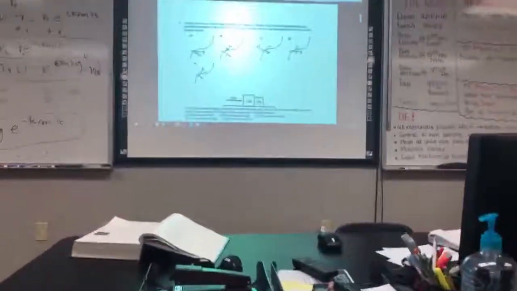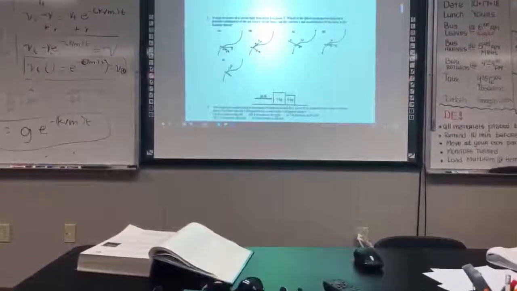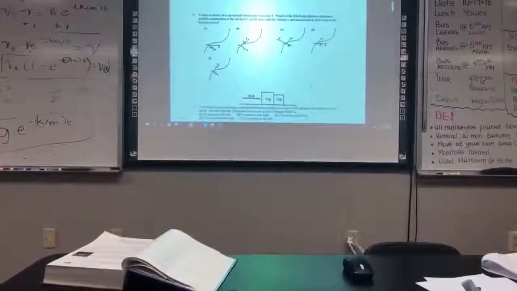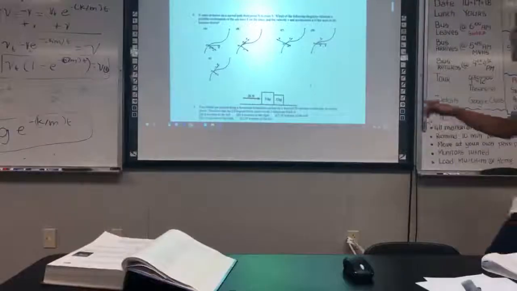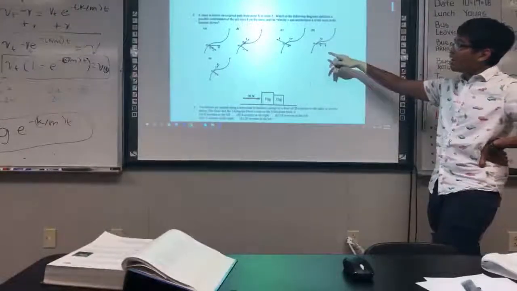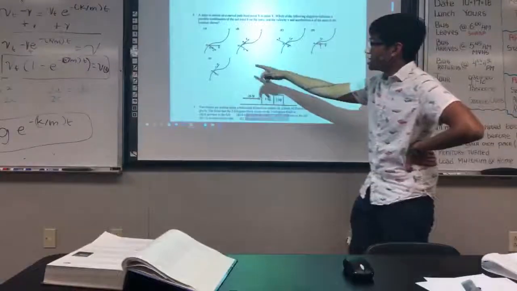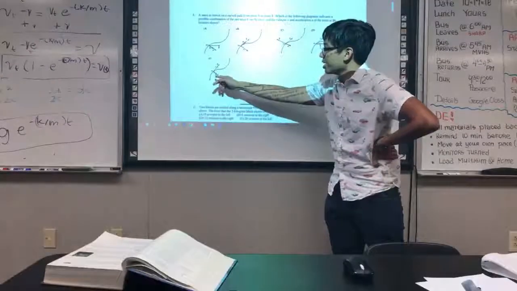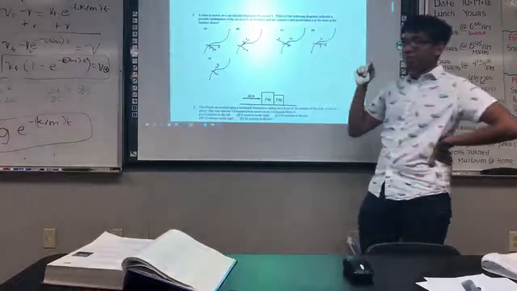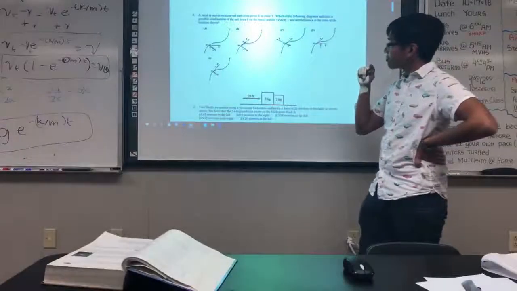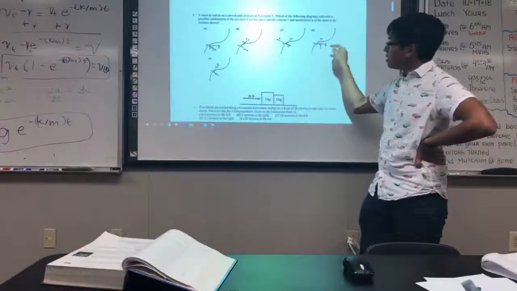The answer is D. Yay, I guessed right. Do you see why? Velocity is always tangential in this case. So this is already wrong, and this is already wrong. These are the only possible choices left. Oh, it's tangential. Okay, I get it.